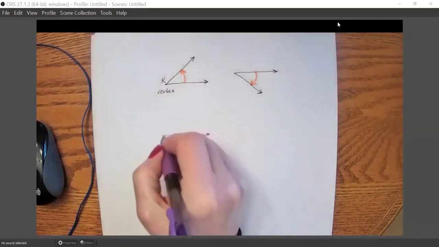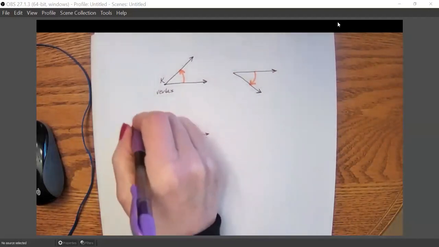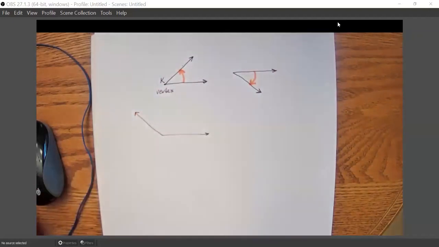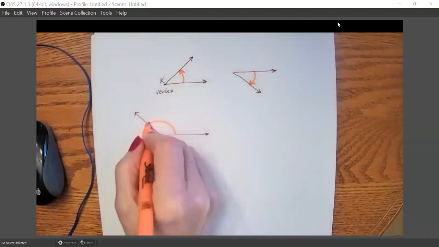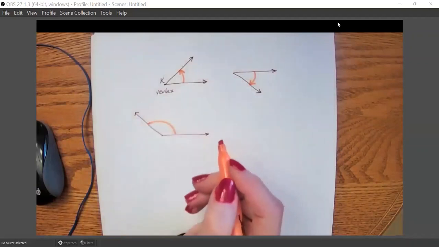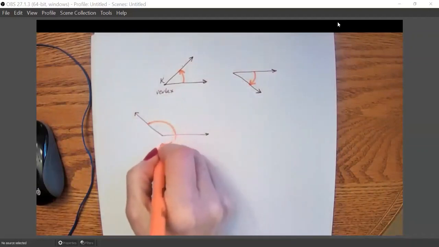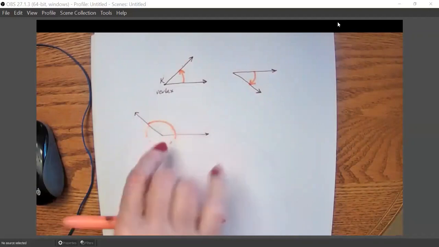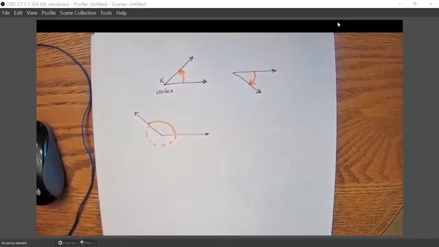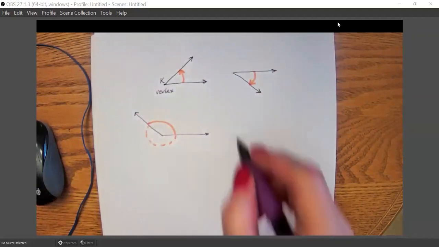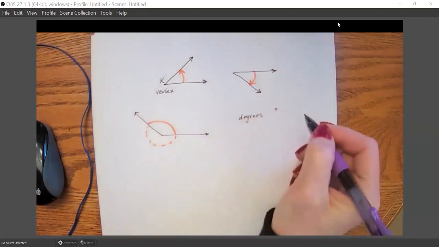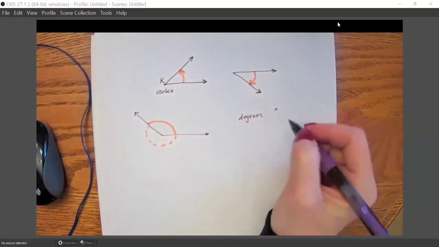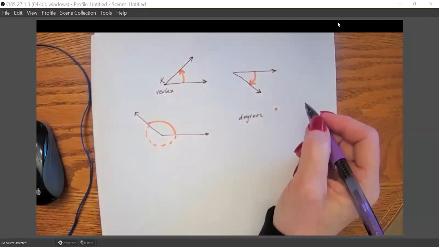We will talk about angle measurements in this section. This would be the positive angle measurement, or if we went the other way, this measurement would be the negative angle measurement. We measure angles in units called degrees, and the degree symbol is that little circle superscripted.